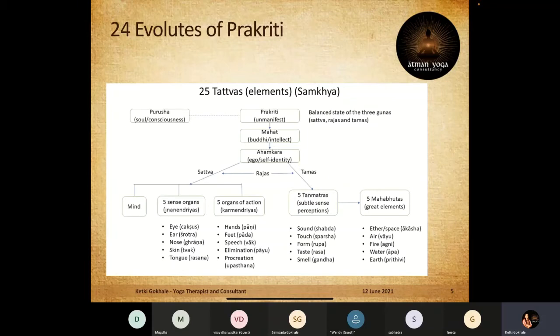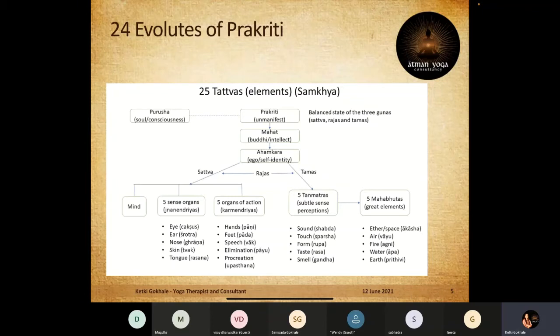Then the five organs of action, that is Karmendriyas: Pani, Pada, Vak, Payu, and Upastha. That is our hands, feet, speech. Here the tongue and the speech are common in both. The tongue is the organ for tasting, and also the organ of speech. Then the organs of excretion, and the organs of procreation or reproduction, that is Upastha.